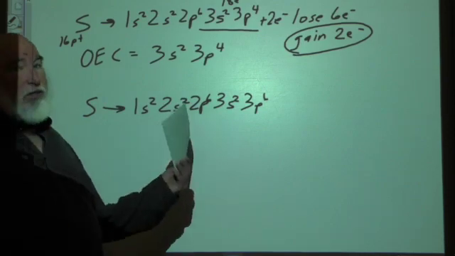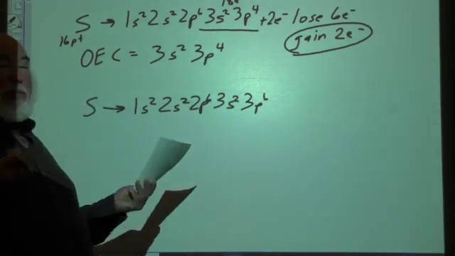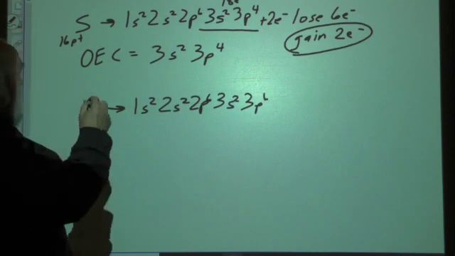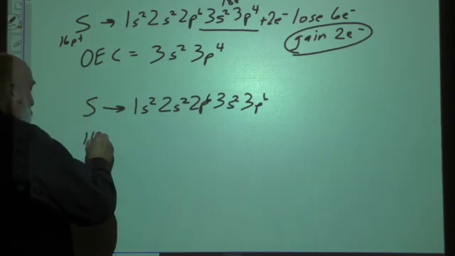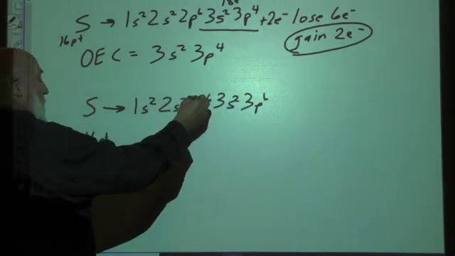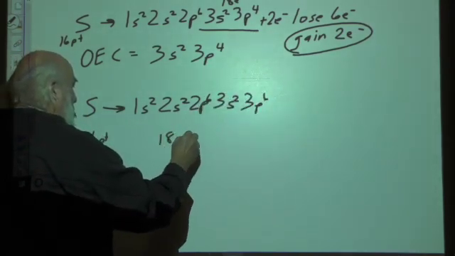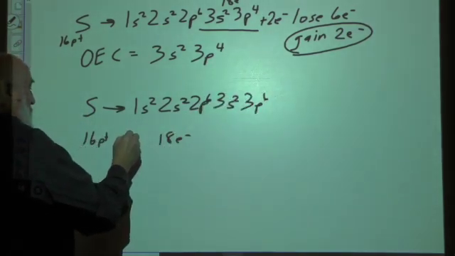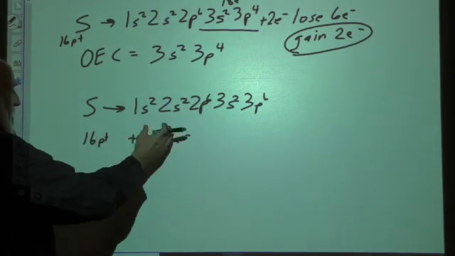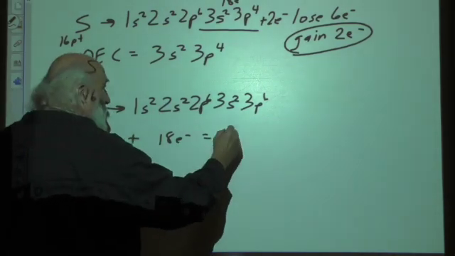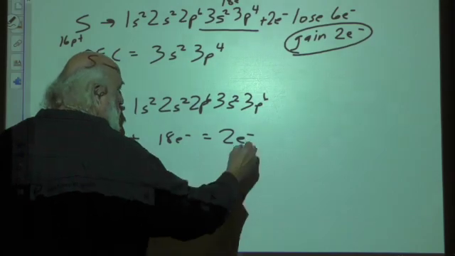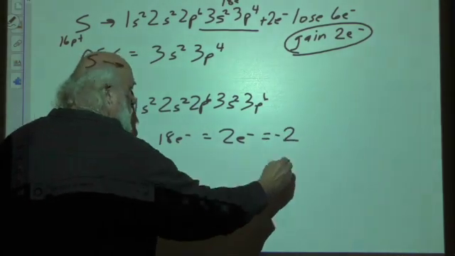It's happy with that. But the deal is, we have 16 protons and 18 electrons. If you compare those, you have an overabundance of electrons by 2. So that is a -2 charge.